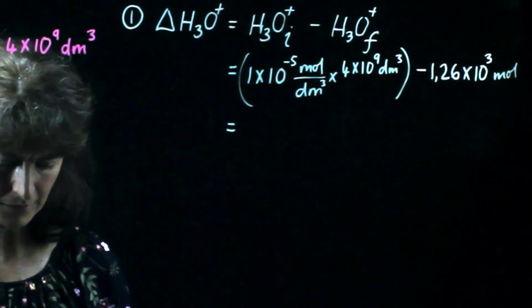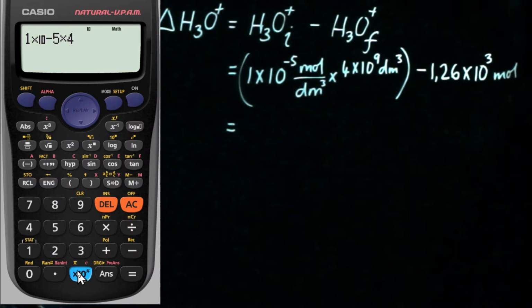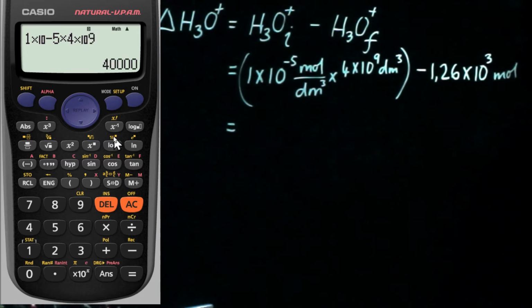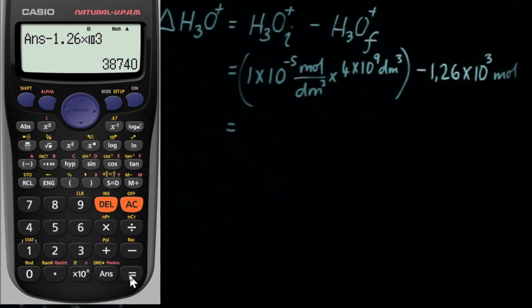So, let's do our calculation with our calculator. 1 times 10 to the power minus 5 multiplied by 4 times 10 to the power 9 is equal to 40,000 minus 1.26 times 10 to the power 3 equals 38,740.